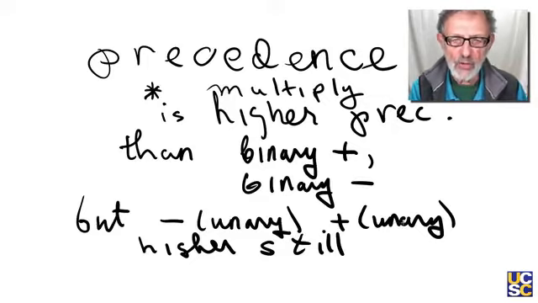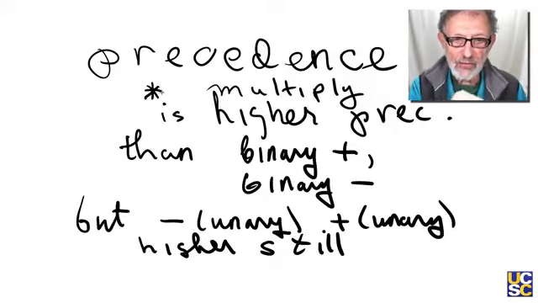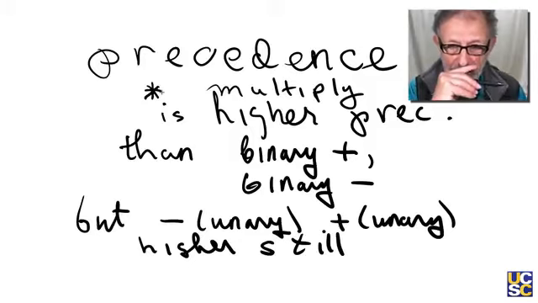And the only reason you would know the difference is context or parenthesization. And a unary operator like these are higher than the corresponding binary plus and minus. So binary plus and minus take two arguments. Unary takes one argument. And then times, and indeed things like multiply and divide are higher precedence again.